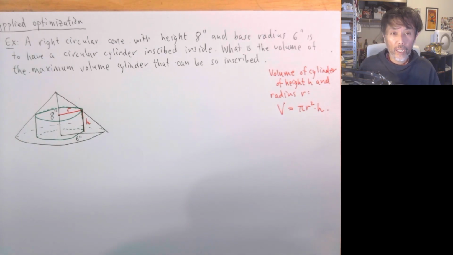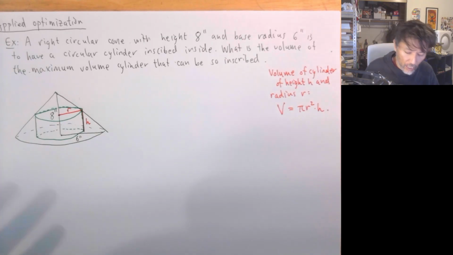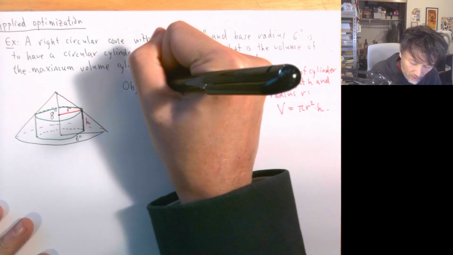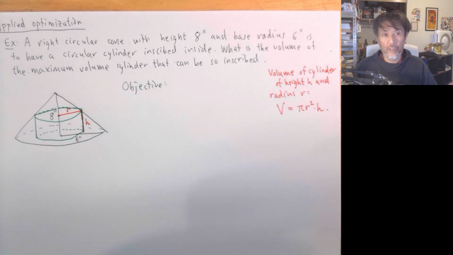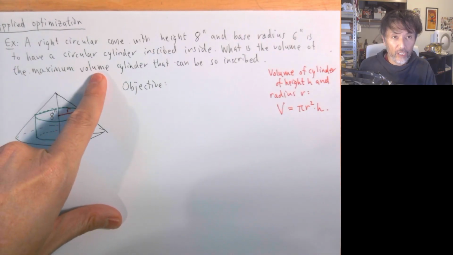It's pretty clear then, I hope, what the objective function for this optimization problem is. Remember that you're always on the hunt initially for the objective, which is the quantity in the problem that you wish to maximize or minimize. In this problem, we want to maximize the volume of this cylinder.